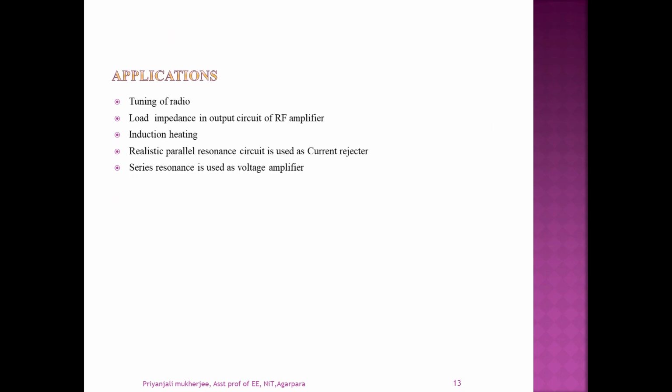Next are the applications. For the applications of the parallel RLC circuit, we can say that the maximum application is in the tuning of the radio, and in radio frequency circuits designed to produce the AC signal. When we tune a radio wave to a particular station, the LC circuit is set to resonance for that particular carrier frequency.